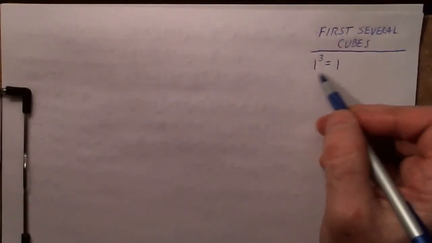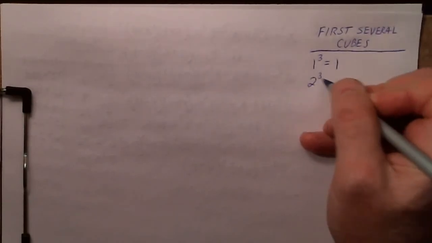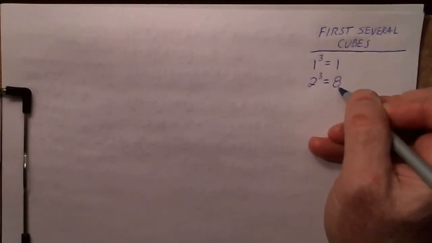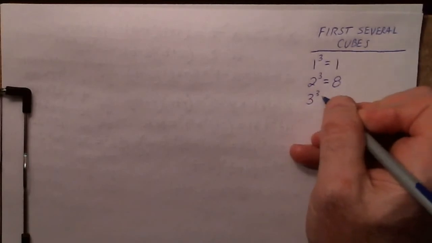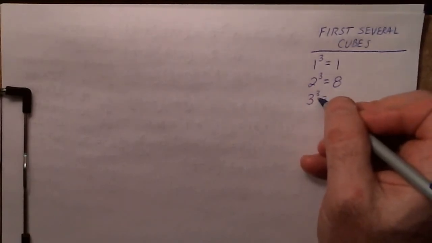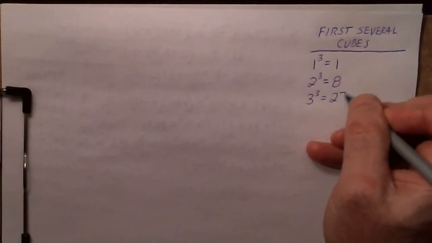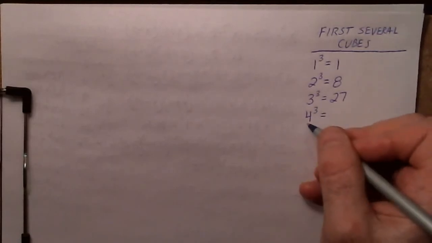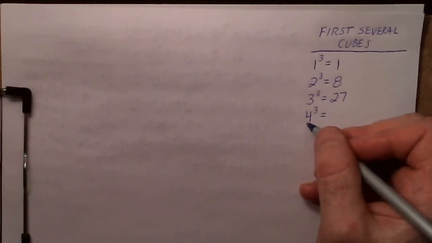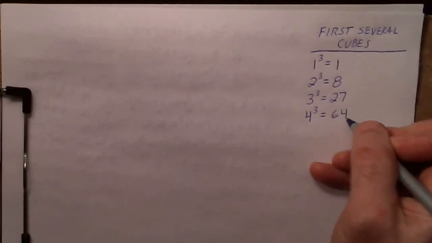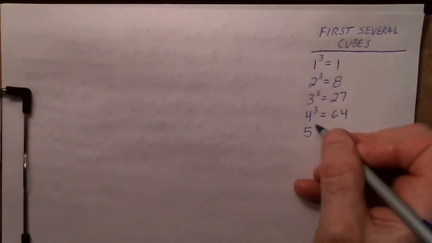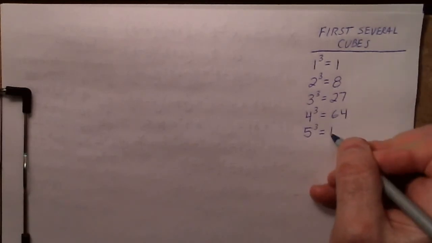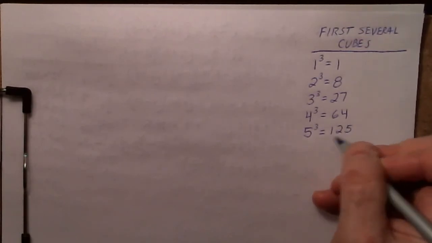So 1 is a perfect cube of itself. 2 cubed, 2 times 2 times 2 is 8. 8 is a perfect cube of 2. 3 cubed, 3 times 3 is 9, and 9 times another 3 is 27. 27 is a perfect cube of 3. 4 cubed, 4 times 4 times 4. 4 times 4 is 16, times 4 is 64. 64 is a perfect cube of 4. 5 cubed, 5 times 5 is 25, times another 5 is 125. So 125 is a perfect cube of 5.